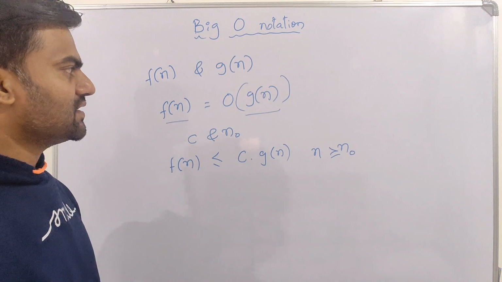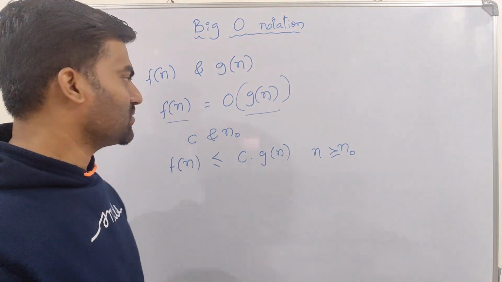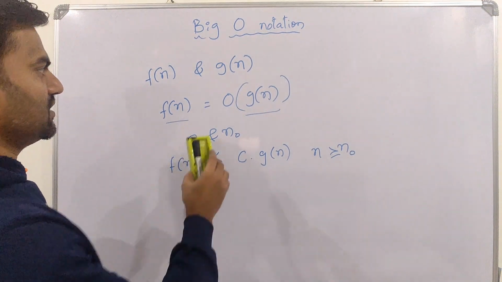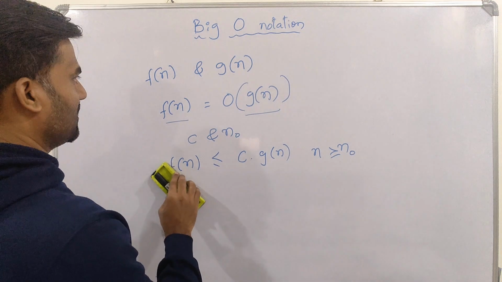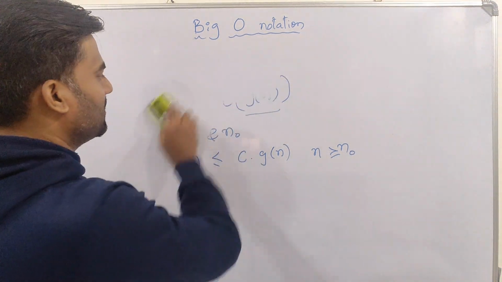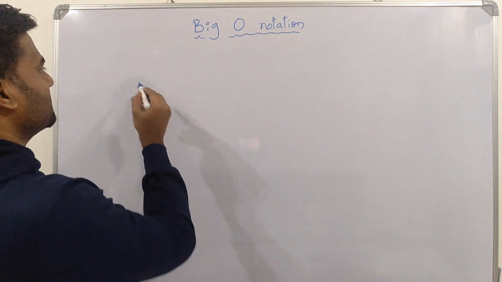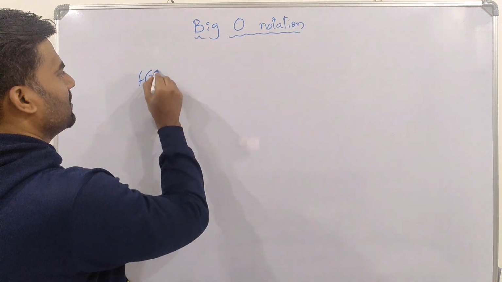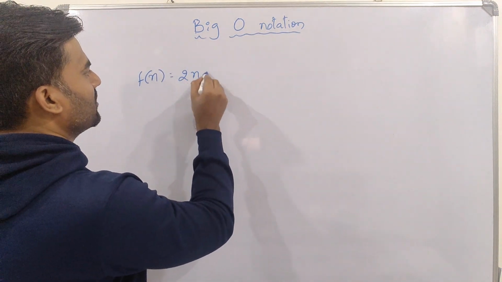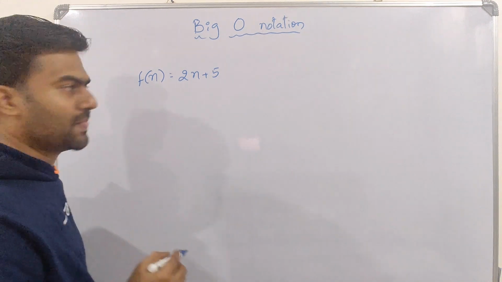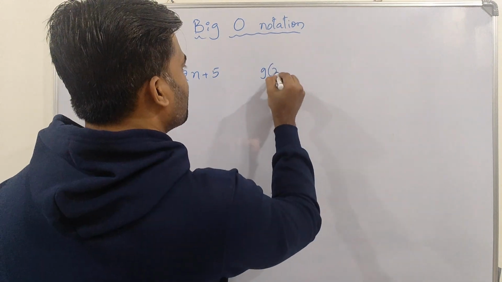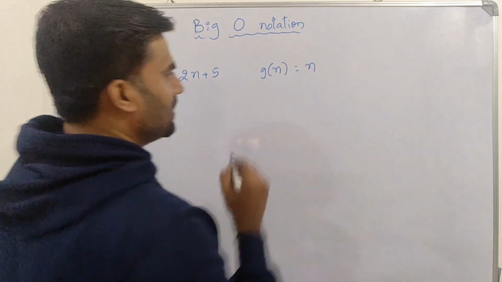Let us consider one or two examples and try to understand how this works. We will keep this formula in mind. Let us consider f of n is equal to 2n plus 5, and g of n is equal to n.